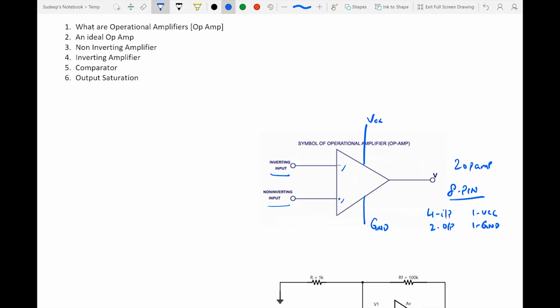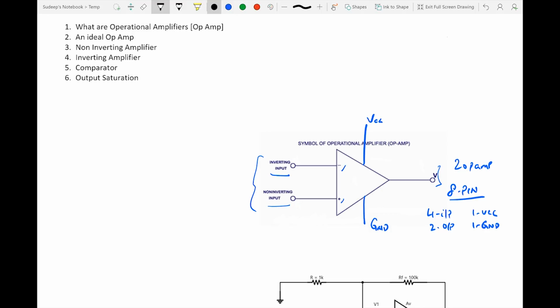Because the op-amp is encapsulated, it gives us inputs and an output, and then it gives us a set of characteristics of how an op-amp would act, which we call the characteristics of an ideal op-amp. These characteristics are theoretical, which is why it's called an ideal op-amp.